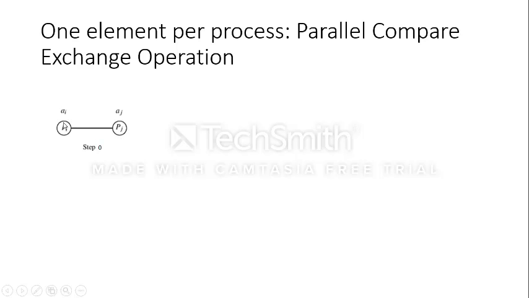The process Pi has the value Ai and the process Pj has the value Aj, and this is the scenario at step 0 or step negative, whatever you want to say.